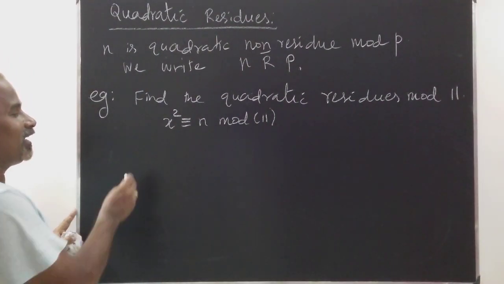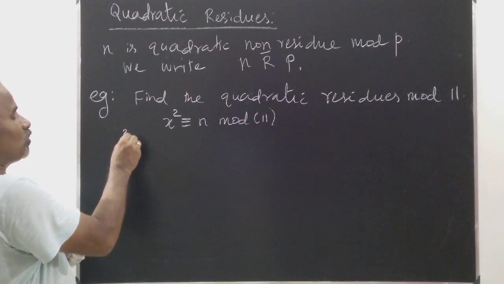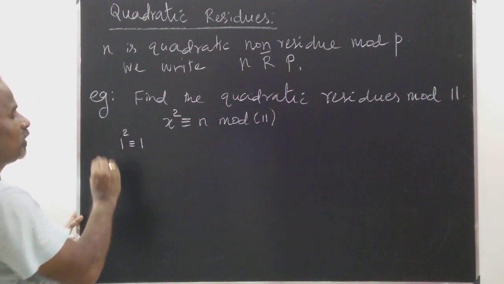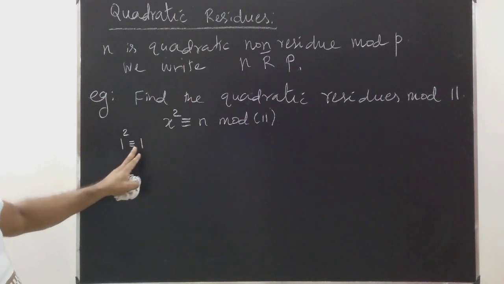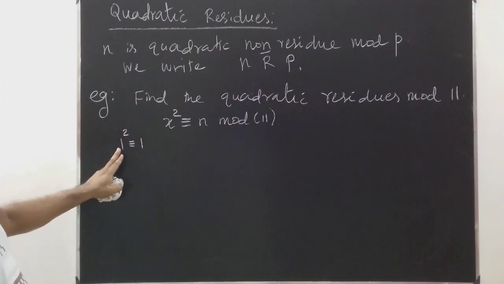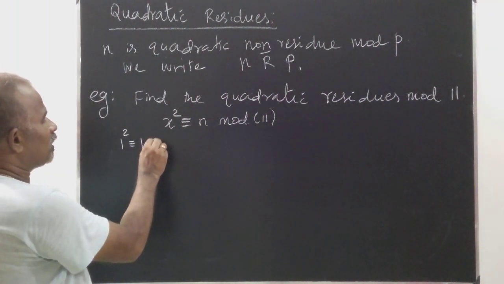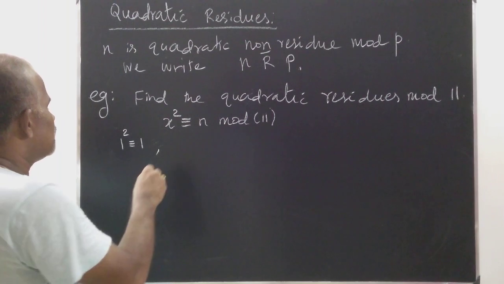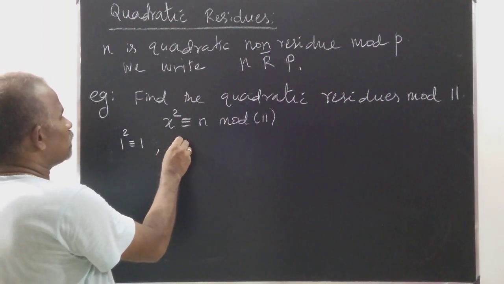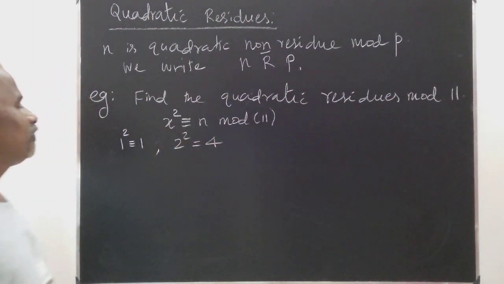Okay. So we consider all these square numbers. 1 squared is 1. Similarly, 2 squared is 4.